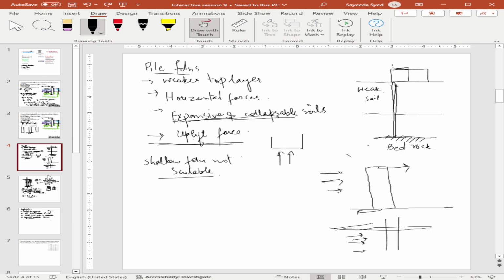Something like this. I'm not getting this. I'm not able to draw it correctly, so it is better you refer to your books for this.